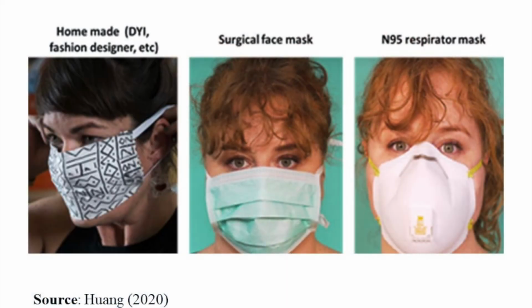So the types of masks used for protection against coronavirus include homemade or fashion-designed cloth masks, which is on the left. In the middle you see a picture of a surgical face mask, and the one on the right is an N95 respirator mask, which is obviously the most efficient, but it also requires proper fitting.